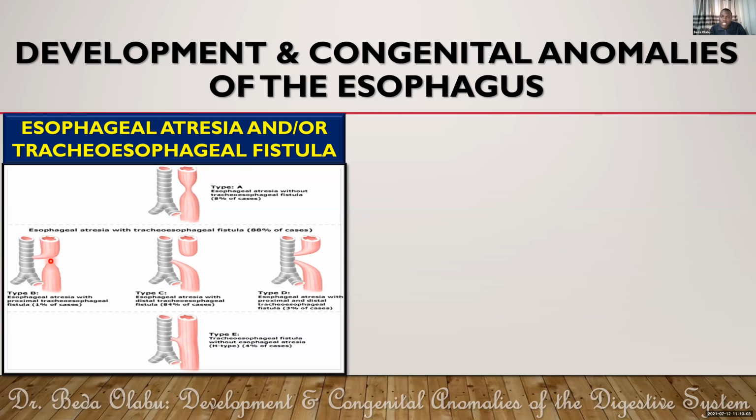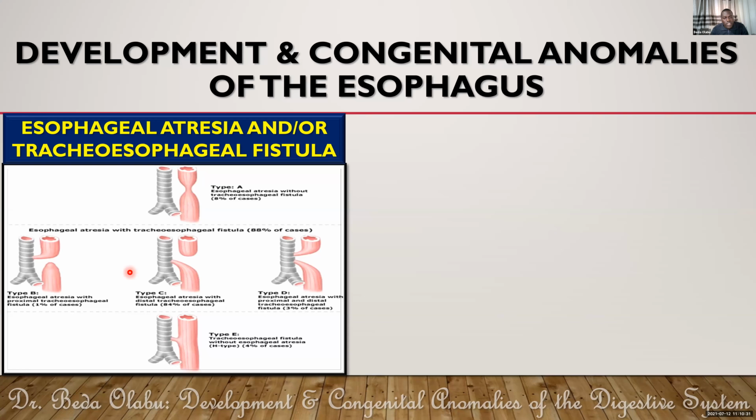So we still use the term esophageal atresia there, to mean that food cannot move from the mouth to the stomach through the esophagus. There's a point where there is no continuity. But in addition to the atresia, we also have a fistula. This fistula involves the proximal segment.